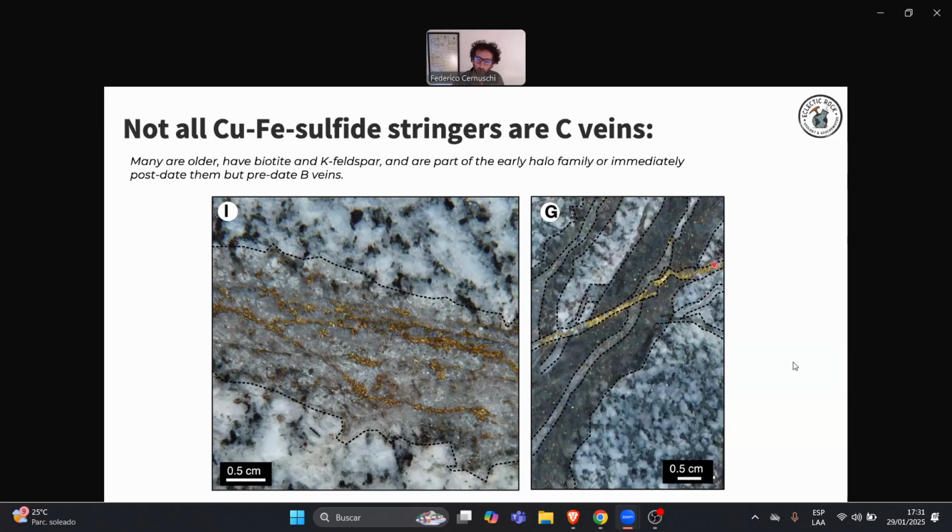And this is probably a C vein, but after doing some more detailed work here, the little bit of quartz that we have here is similar to the A vein. It's also sugary. It's just that there's very little of it, and there's hydrothermal biotite and K feldspar in this vein. So it's very hard to know what's a real C vein without the cross-cutting relationships. I think this could be an A vein that is just very rich in sulfide and doesn't have much quartz.